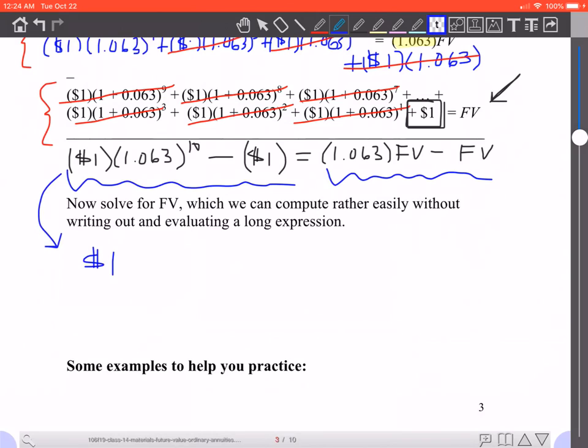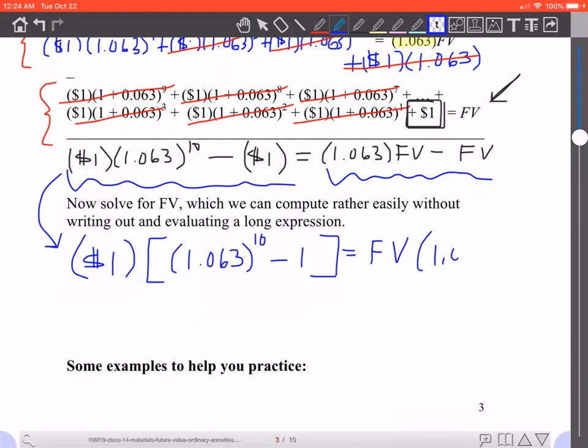By doing that, we will be left with 1.063 to the 10th power minus 1. We factored out $1. On the right-hand side, we're going to factor out the future value. So we'll be left with 1.063 minus what? 1.063 minus 1, which is just 0.063.